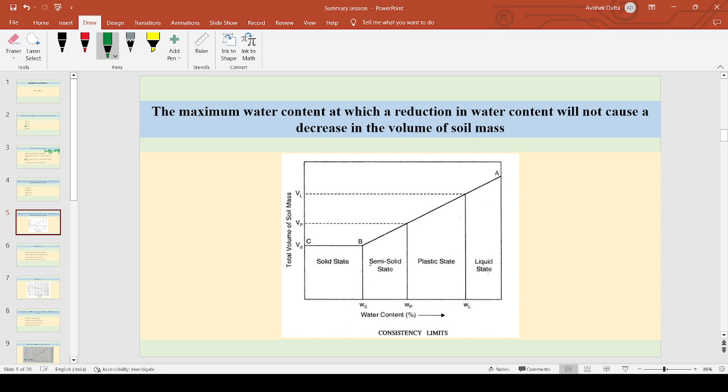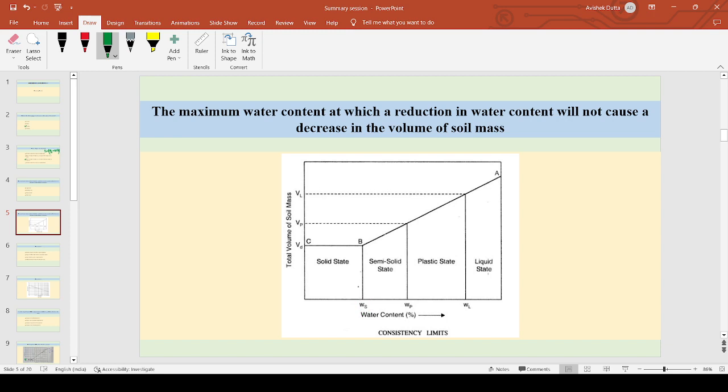There will be difficulty in deforming the soil. As we move in the graph from right to left, we are gradually decreasing the moisture content, with which the volume first decreases up to a certain point B, after which the volume is constant. This point B is called the shrinkage limit.